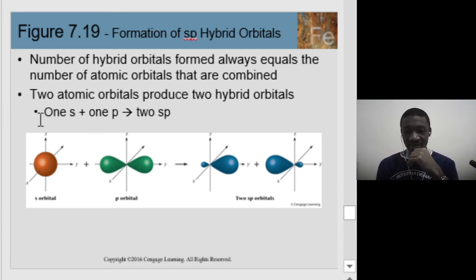So when you have one s and one p, you now have 2 sp. So 1 s, 1 p, you have an sp and an sp again. You have these two because of the two forming together, so you have a mix. I hope that makes sense to somebody.